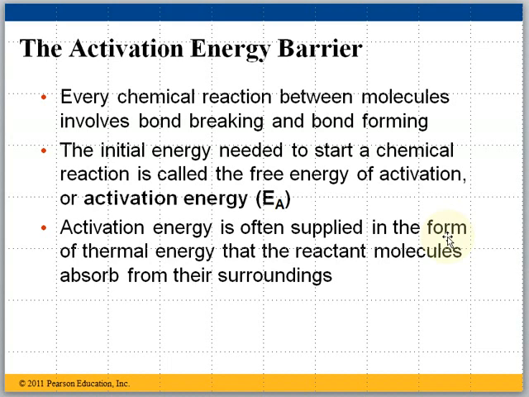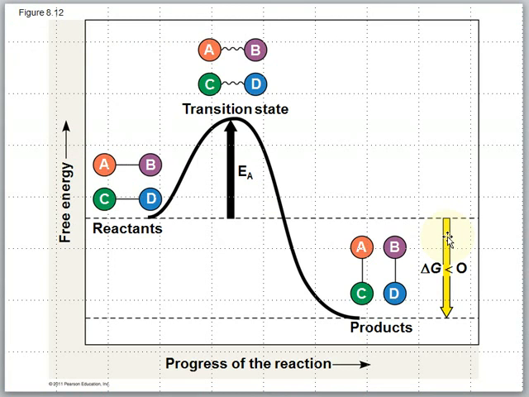Usually they get that energy from their surroundings, just from the thermal energy, the random motion of the molecules and atoms in their surroundings. But sometimes that thermal energy of their surroundings is not high enough to overcome this first initial barrier, this first initial hill. So let's say you have an exergonic reaction. You have these particular reactants that eventually will combine to create these products. Now this is an exergonic reaction.